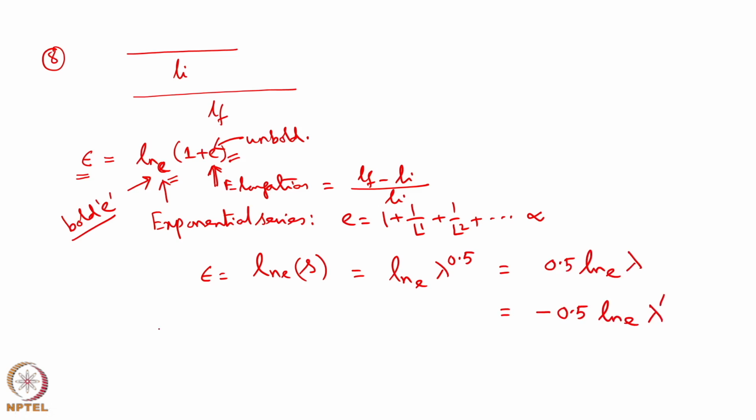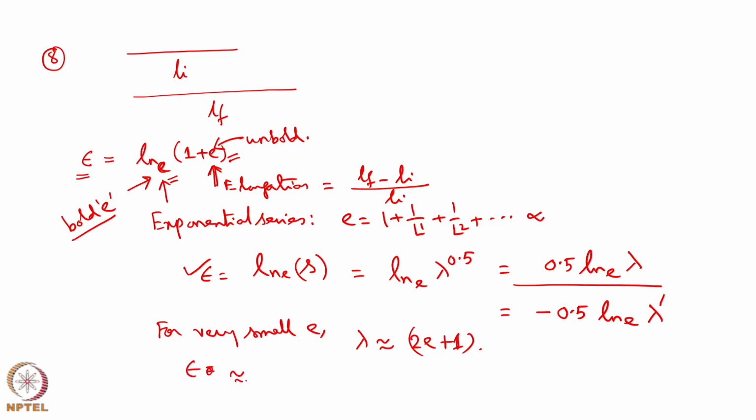We have already seen that for very small e, lambda is nearly equal to 2e plus 1. So, we can write epsilon nearly equal to 0.5 log to the base e (2e plus 1).